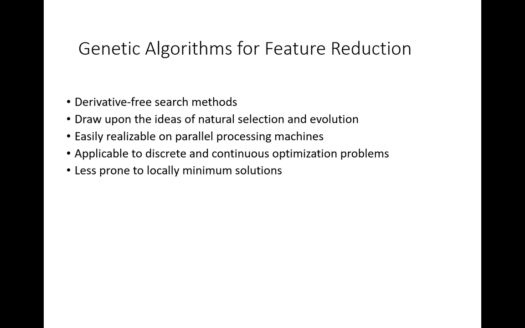That means one can do a brute force search, which is what these algorithms perform, but that search can be carried out in parallel on a number of parallel processing machines. And these algorithms can be applied to discrete and continuous optimization problems, and they are less prone to what we call local minimum solutions.